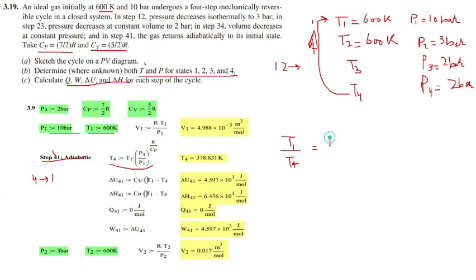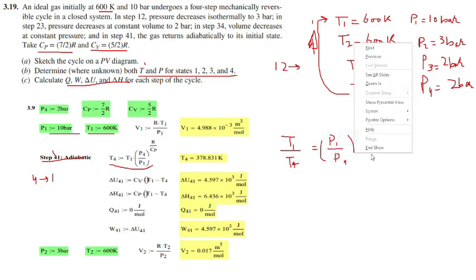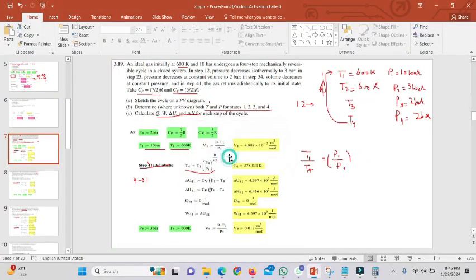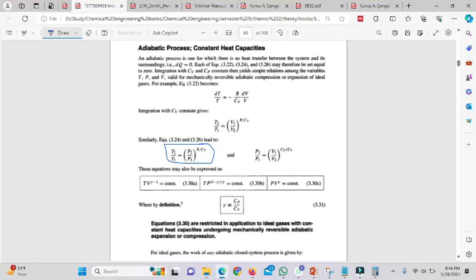So P2 is P1 and over P4, raised to power R over Cp.